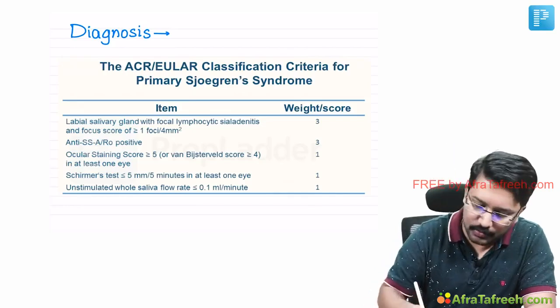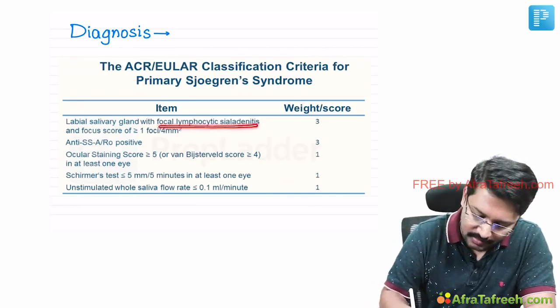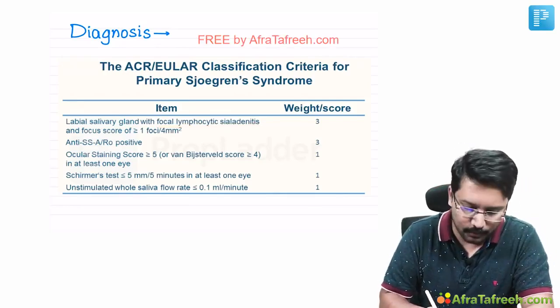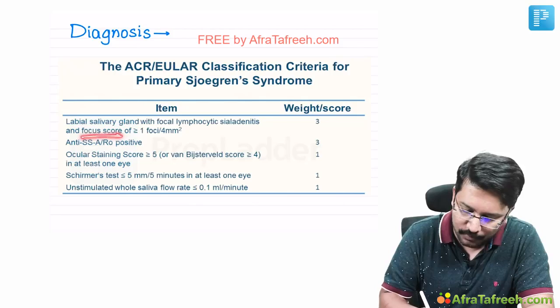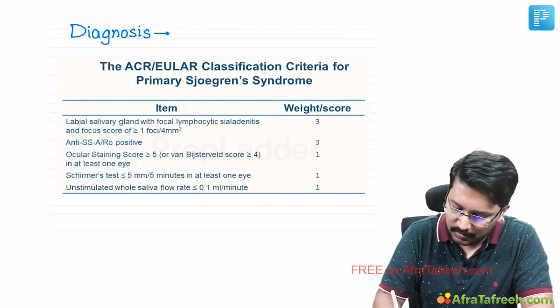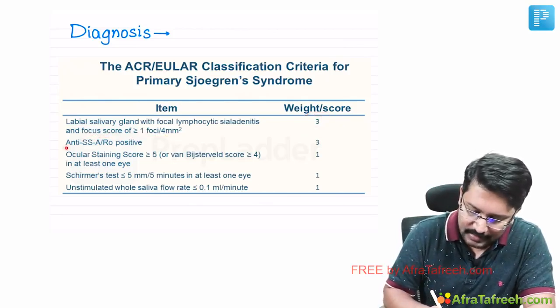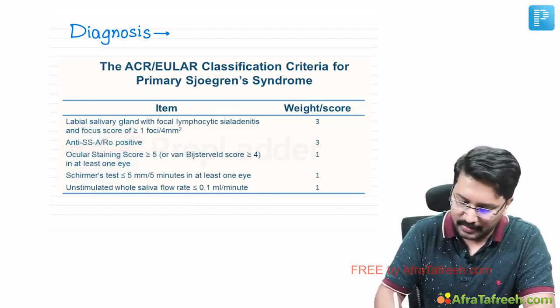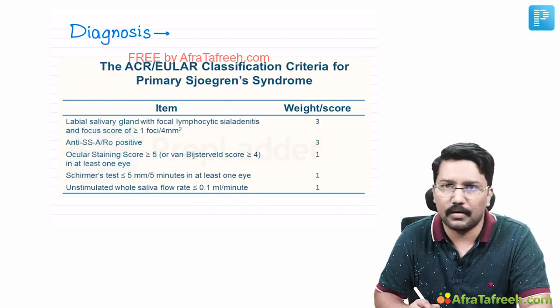So in that, what do we document? Focal lymphocytic infiltration, and there are certain histopathological terms like the focus score of more than or equal to 1 foci per 4 millimeter square, right? That gives a score of 3 points to the patient. And a patient having anti-SSA, the other name for that is anti-Ro antibody positivity, that gives the patient 3 points, right?